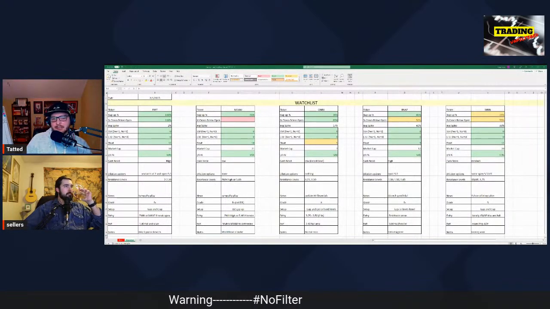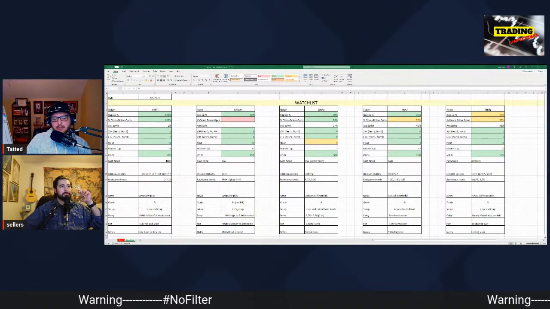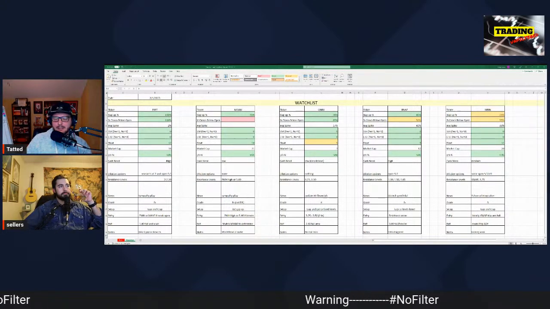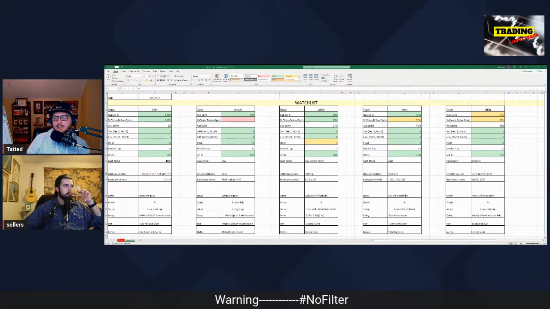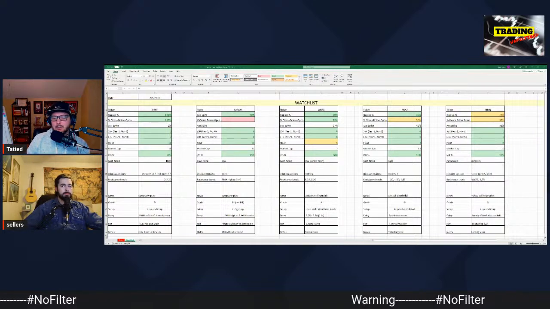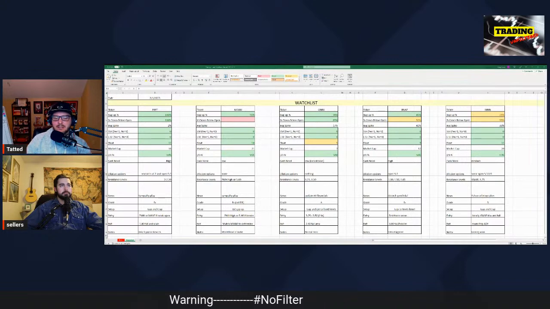So yeah, you see, it doesn't translate well because it's an ultra wide monitor, and I'm gonna work on that. But this is what I use to create a watch list. And as far as plan on the board, I plan it on Excel. I color code my cells based on criteria, and I put different things in there.